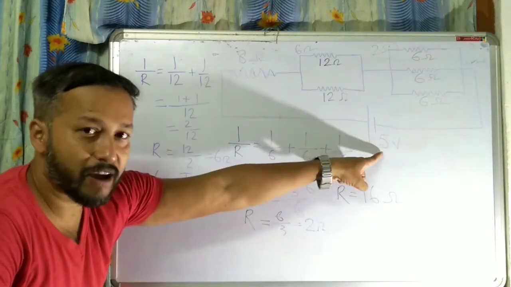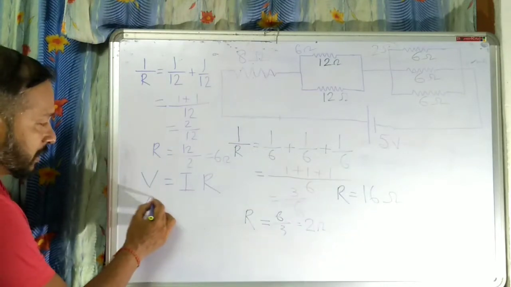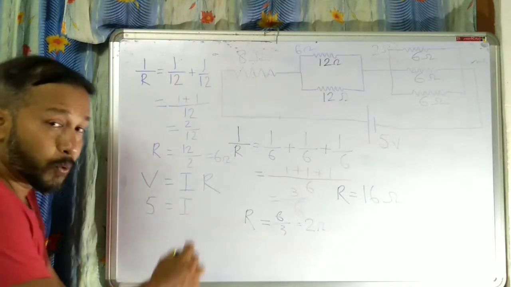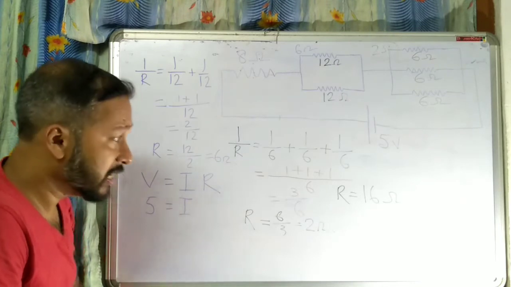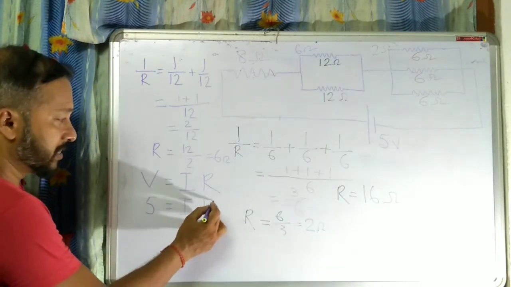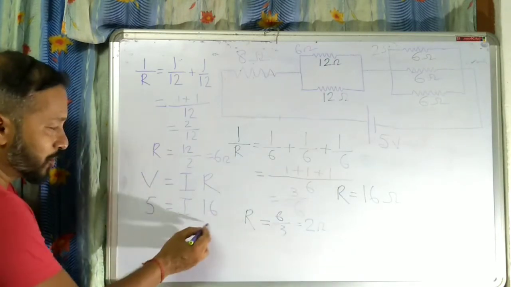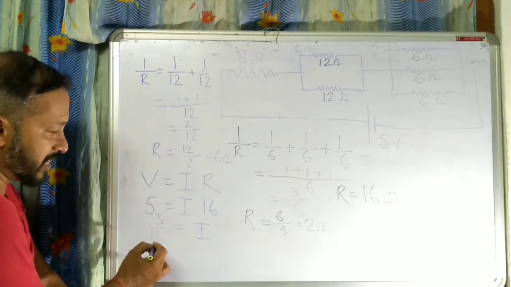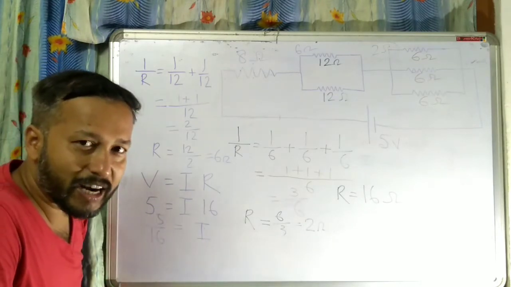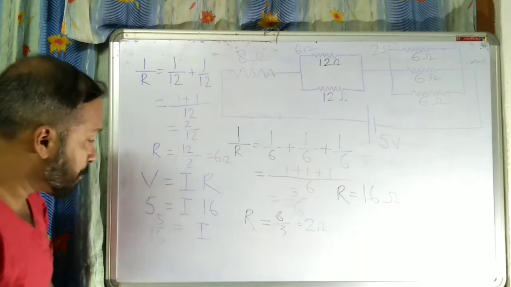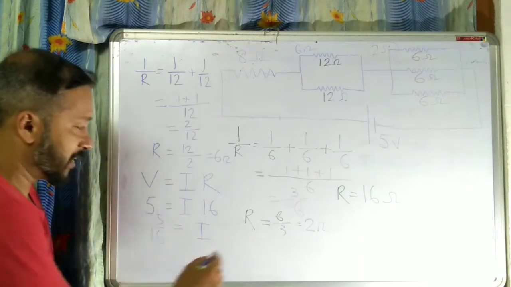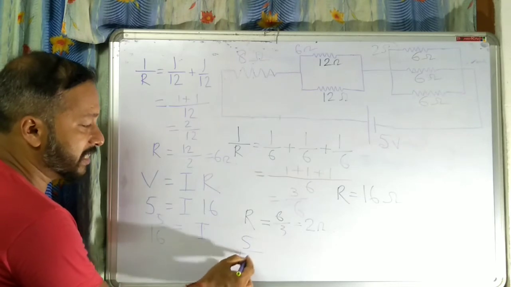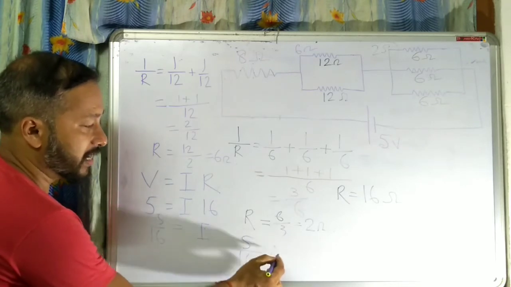Potential difference, 5 volt. What is I? We do not know. What is R? 16. So I equal to 5 by 16. So the current passing through this circuit is 5 by 16 ampere.